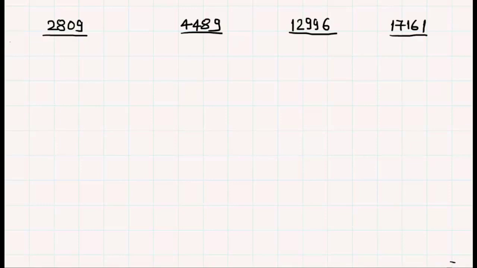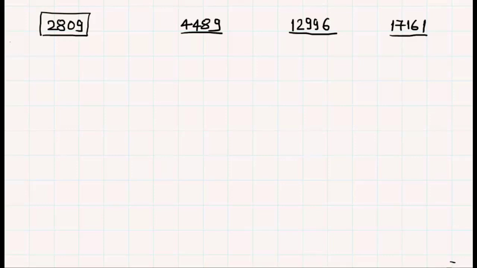Now, how to estimate square roots when we know that the given numbers are perfect squares? Without actually calculating using long division or the prime factorization method, how can I know that this is the square of some particular number? We have to find that number.